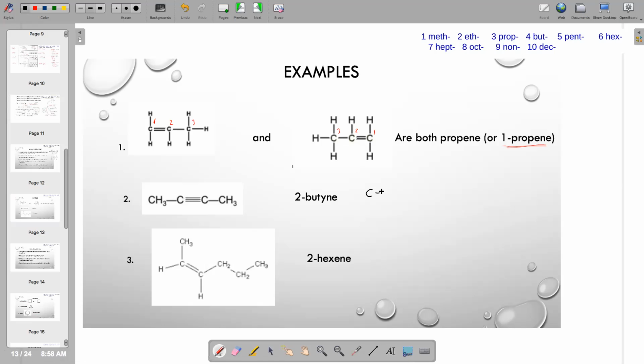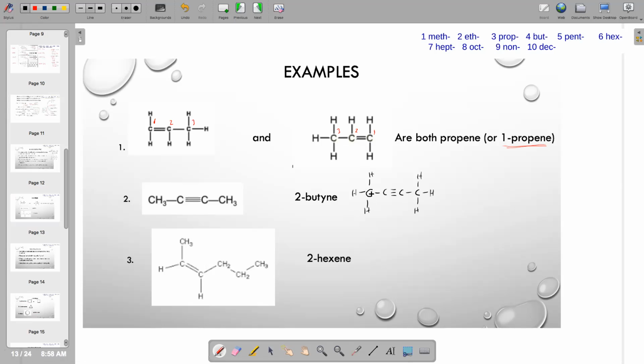I can draw it like this. It's a 4-member carbon chain, but instead of the triple bond being on the end carbon, like here or here, with the hydrogens coming off of it, hydrogen, hydrogen, hydrogen. I need some other hydrogens here. So this is also a way to see it as the atom and stick model.